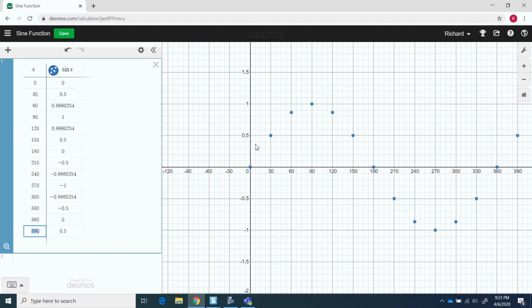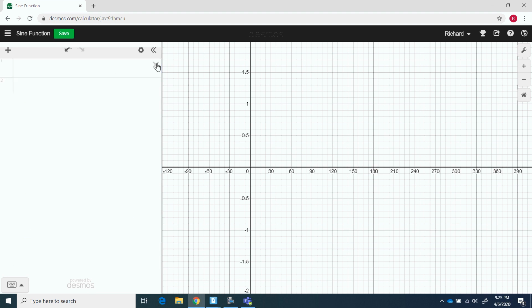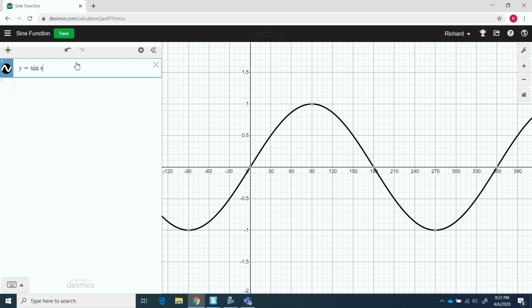If you remember what it looked like, I'm just going to go up here now and put my function back in, y equals sine of x. There's a nice picture with the dots all connected. And this is what is known as the graph of y equals sine of x, or sine of theta. So it is a periodic function, and it is sinusoidal.